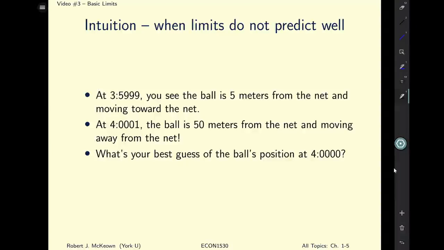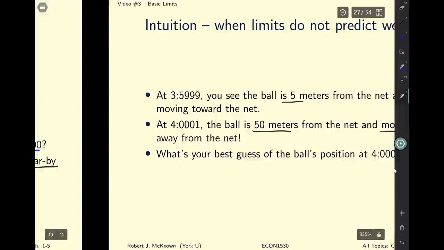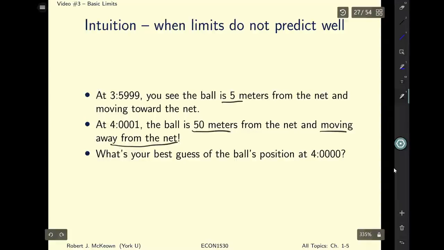You can imagine that you're watching the TV and the ball is 5 meters from the net. Your stream freezes, and suddenly the ball is 50 meters from the net and moving in the opposite direction. So in that situation, if we've got that kind of a function, these limits aren't going to help us. So limits can help us, but they don't always help us. They can't help us in every single situation.